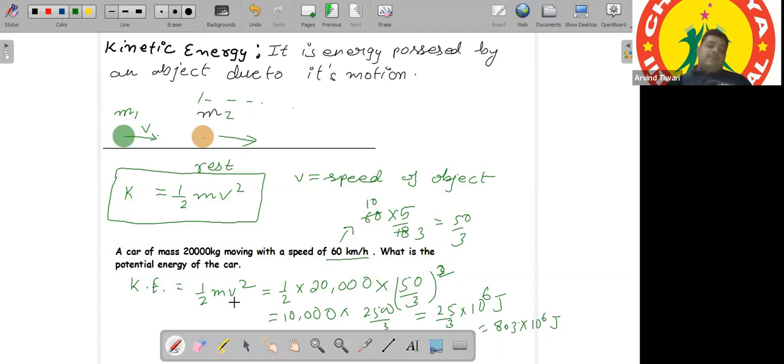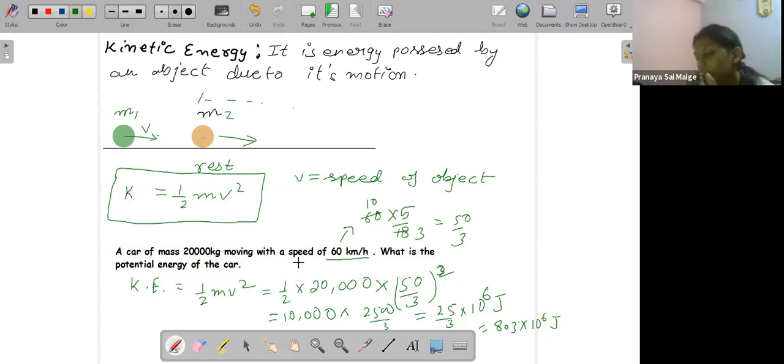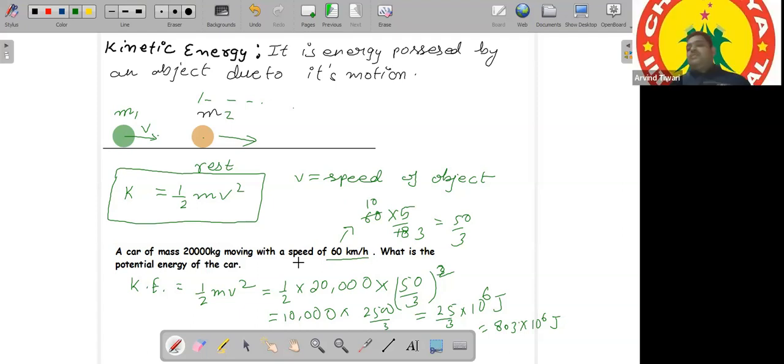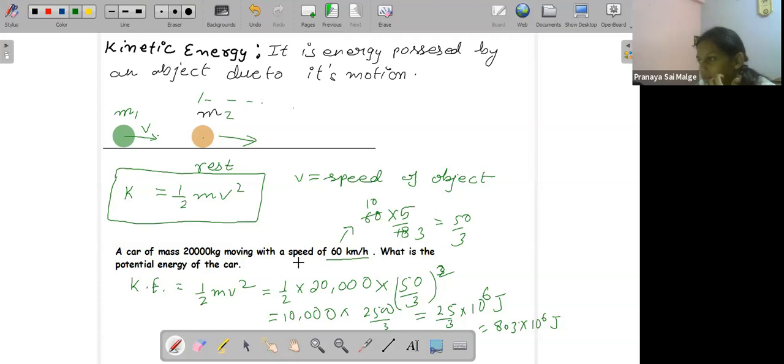If I compare all your answers, I do not find any of them equivalent to this. Over here, 50 by 3, we can take it as 16.6 and then we can square it, which would come around 256.